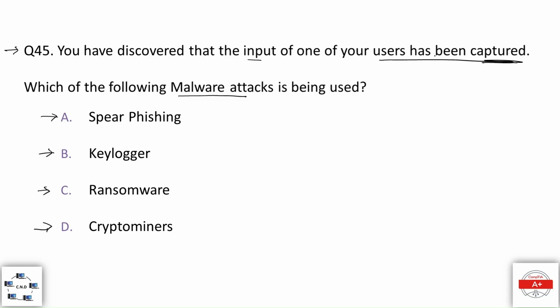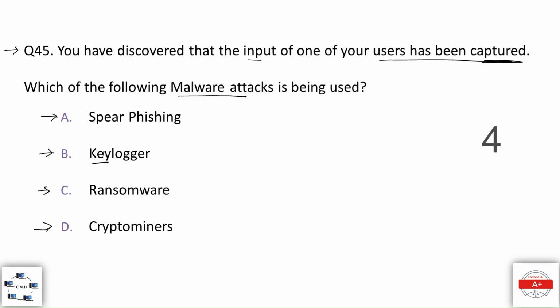So the malware that basically captures the user input or the user keystrokes, we already studied this, and as I said before, you should always focus on the name itself. So capturing the keystrokes, and here we can see keylogger, it means the malware that logs the keys.